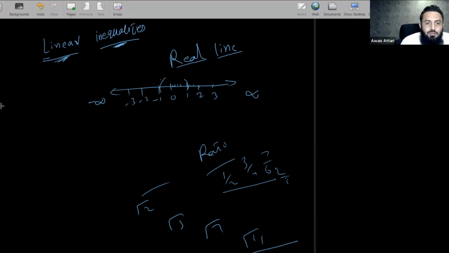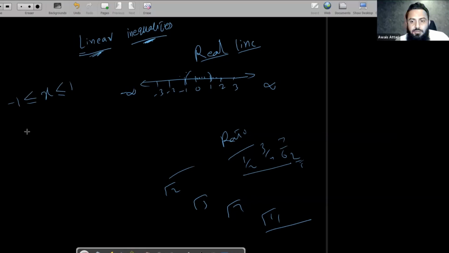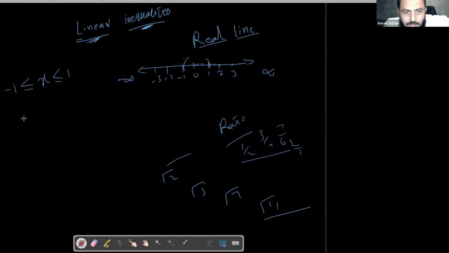Okay, let's talk about inequality. We would say x is less than or equal to 1 and greater than or equal to -1. That means numbers that exist between -1 and 1, but -1 and 1 are included.